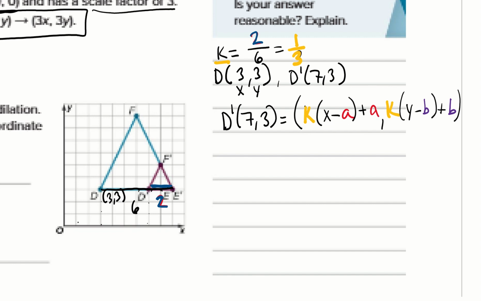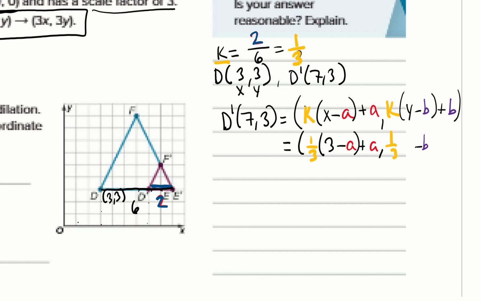I might as well just plug in the things, honestly. So we got 1/3 for K. X, what's X? 3, right? So we got 3 minus A, plus A. We got 1/3 times Y minus B, plus B. B is unknown.